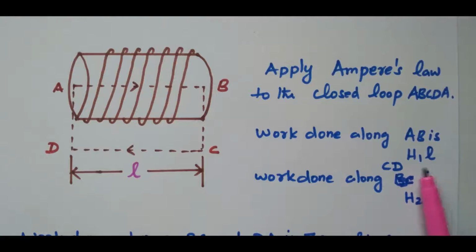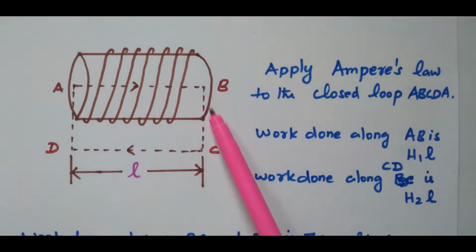The work done along CD outside is H2L, as we assume the magnetic field intensity outside the solenoid is H2. So the work done along AB, inside, is H1L, and along CD, outside, is H2L.